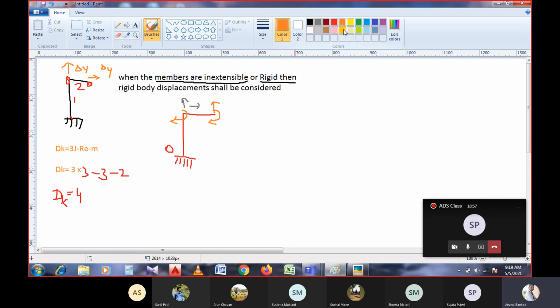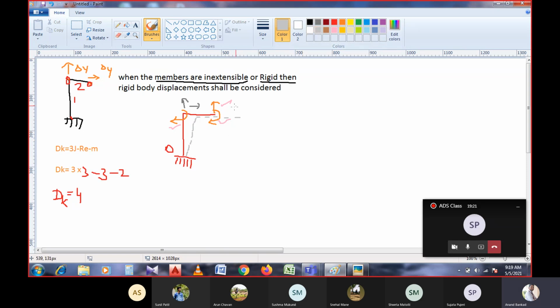So the degrees of freedom for this will be 1, 2, and 3. But we have got 4 here. So one more degree of freedom is observed when it is rigid, meaning the particular body will be shifting from one position to another position. So I could draw this like this much.